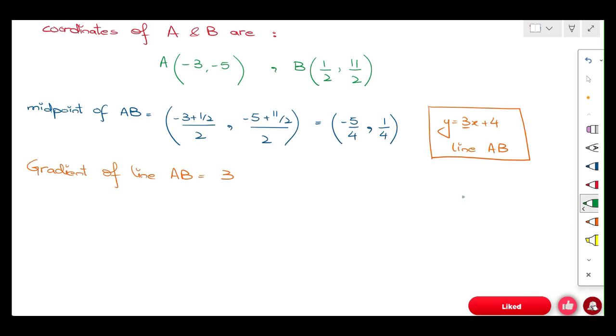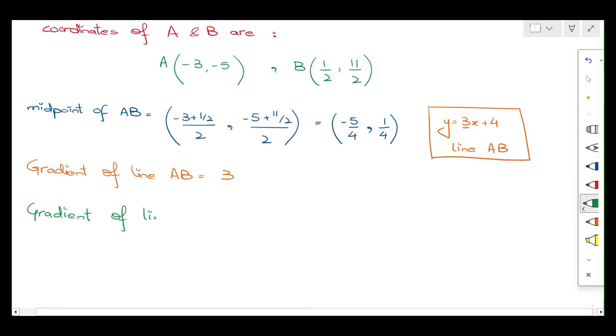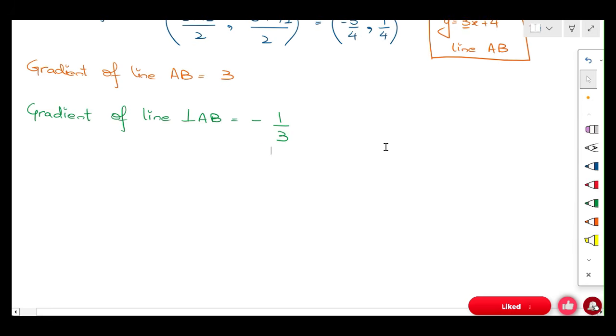So if this is the line AB, then its slope is 3. What is the slope, or the gradient, of the line which is perpendicular to AB? It is negative, and the reciprocal of 3 is 1 by 3. Now we can easily figure out the equation of the line. The equation of the line perpendicular to AB is y minus y naught equals m into x minus x naught.